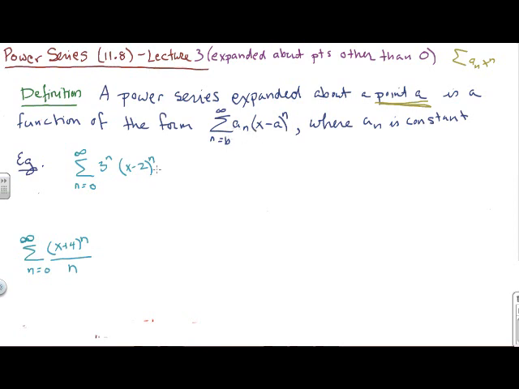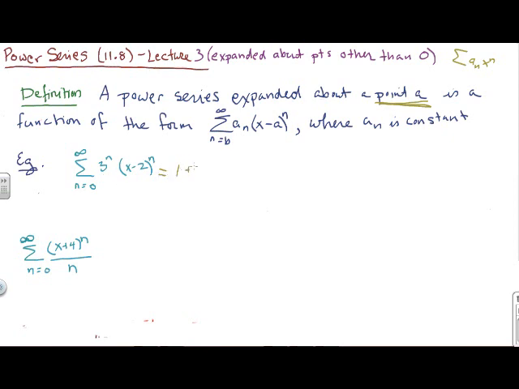So let me just point out what that looks like. I mean, it's still like a giant polynomial. It's just sometimes it's more convenient to have it around something else. So if I have this one at n equals 0, well, 3 to the 0 is 1, (x minus 2) to the 0 is 1, so I get 1 when n equals 0. When n equals 1, I get 3 times (x minus 2).